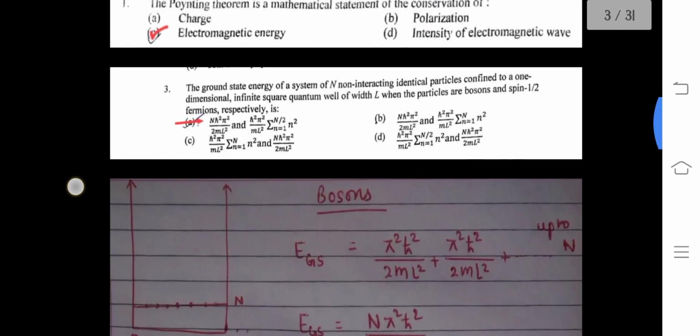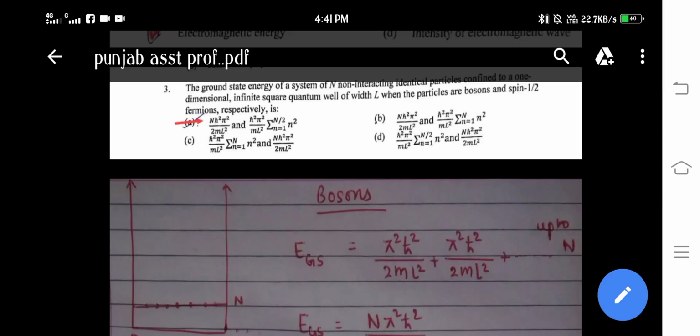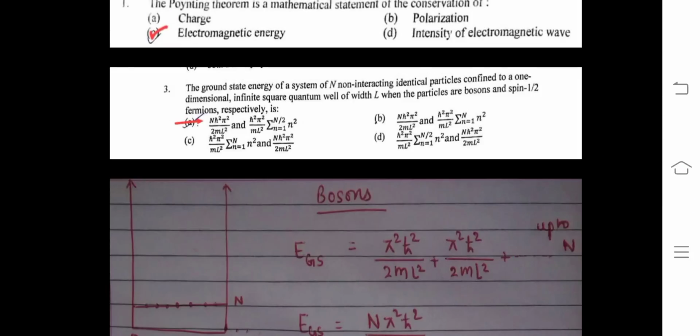Then the next question was about the ground state energy of a system of n interacting identical particles confined in a 1D box, if the particles are bosons and if they are fermions. What will be the ground state energy?